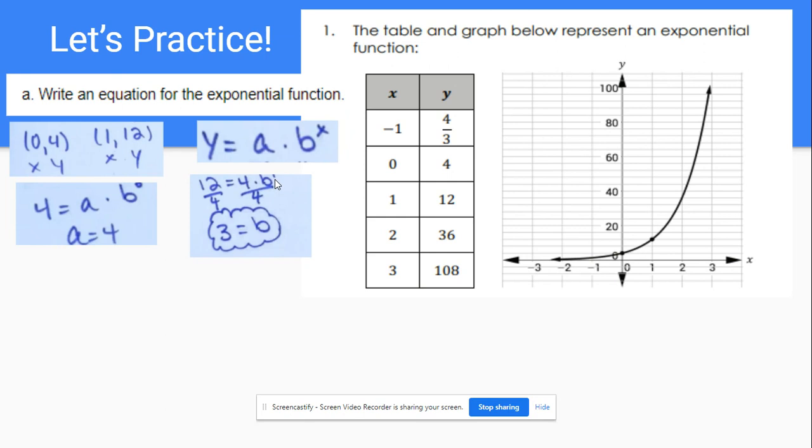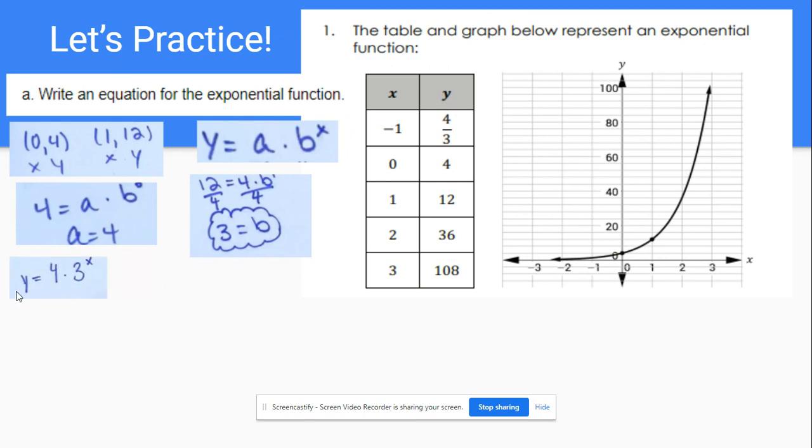Anything raised to the power of 1 is itself. So 4 times b equals 12. What's going to undo multiplication is division. So I'm going to divide by 4. What I do to one side of the equation, I have to do to the other. And 12 divided by 4 is 3. So now I know a and I know b.